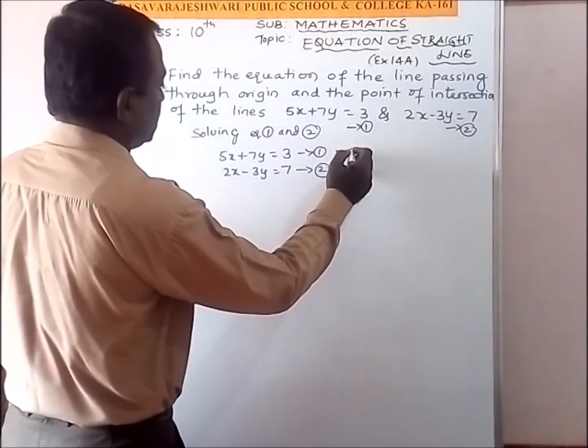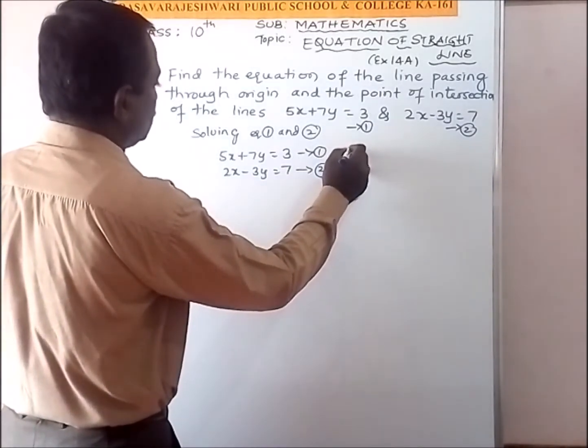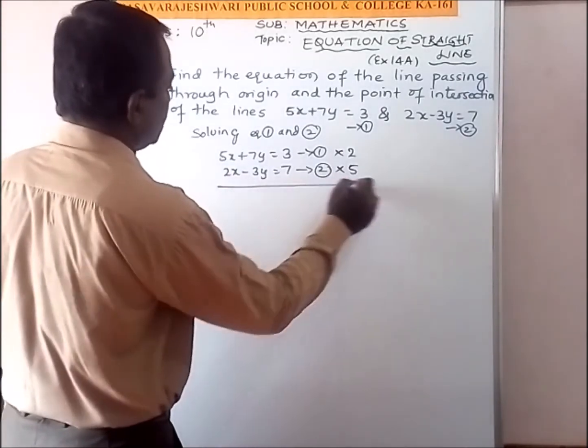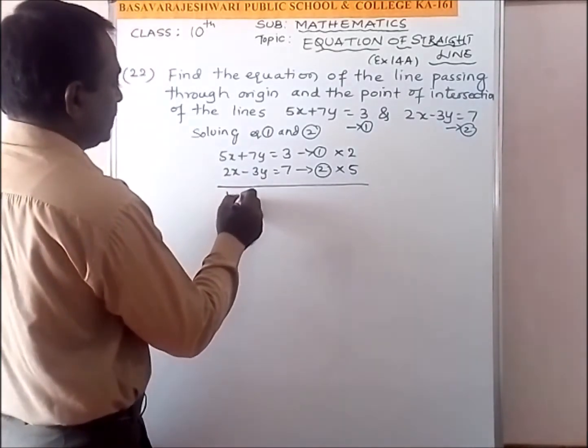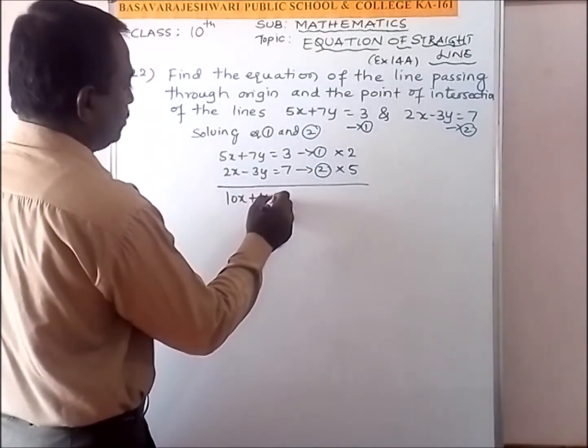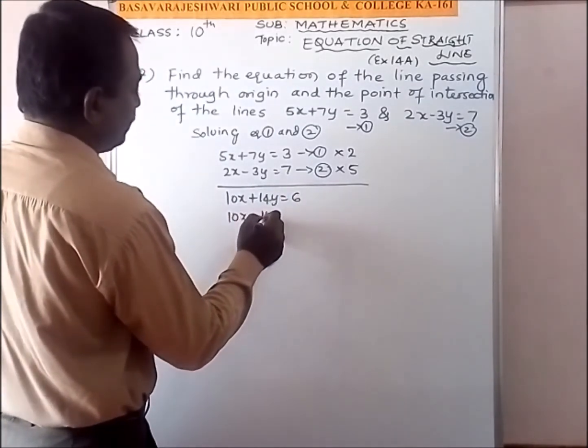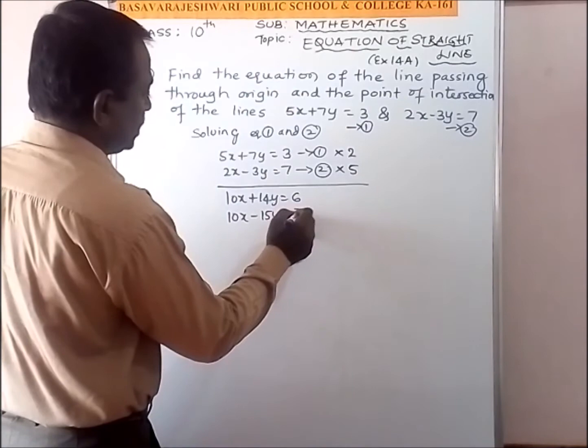So equation 1 with 2 and equation 2 with 5: 2 5s are 10x, 2 7s are 14y is equal to 6. 5 2s are 10x, 15y is equal to 35.